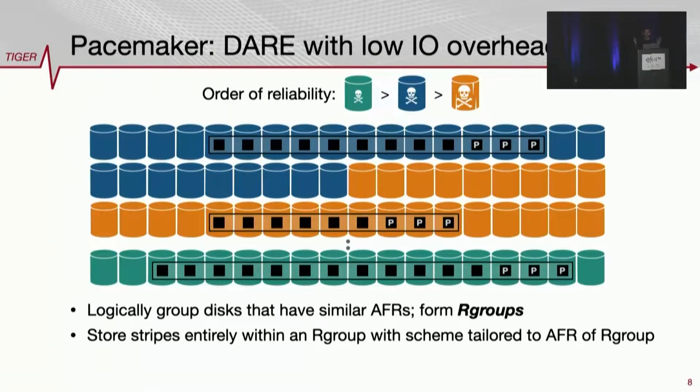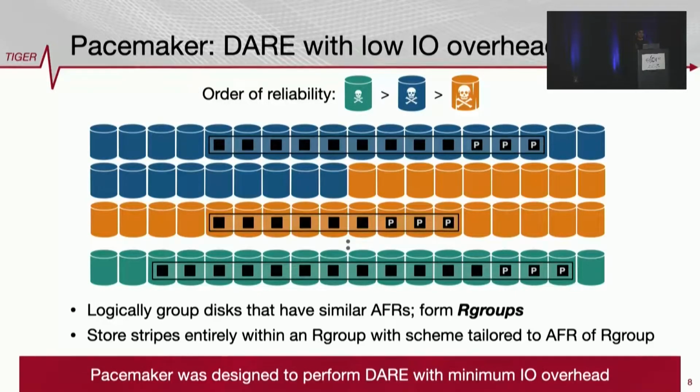So in this case, you see that the narrowest stripe with the highest redundancy is in group yellow, which has the weakest disks, and the widest stripe with least redundancy is in the green set of disks, which has a lower AFR. Okay. Pacemaker was designed to perform disk adaptive redundancy with minimum I/O overhead. And the I/O is required because disks change their AFRs over time, and you may need to re-encode the data to keep it safe.